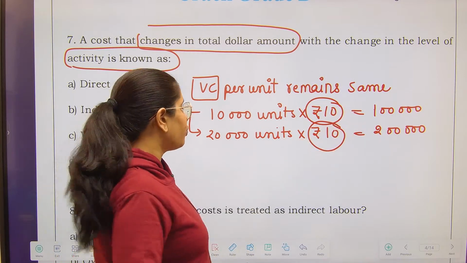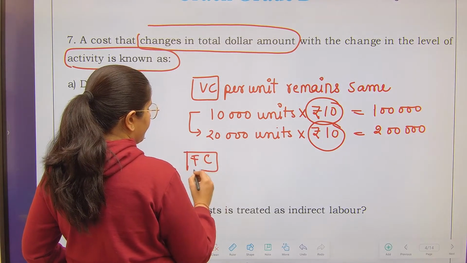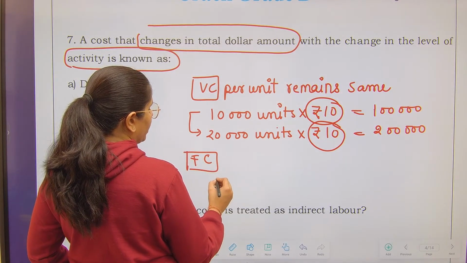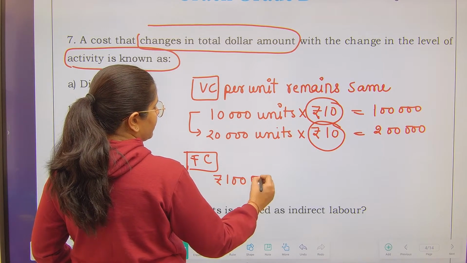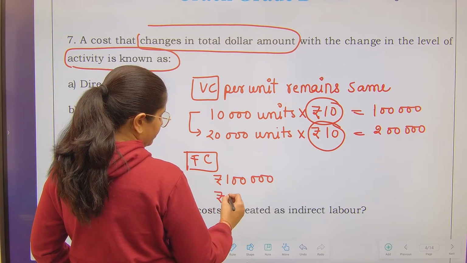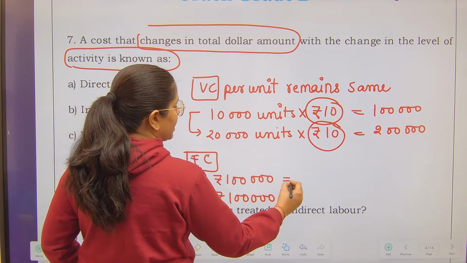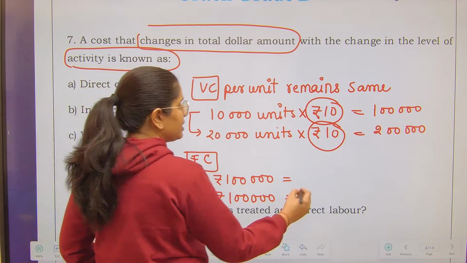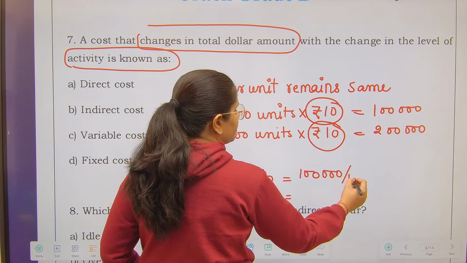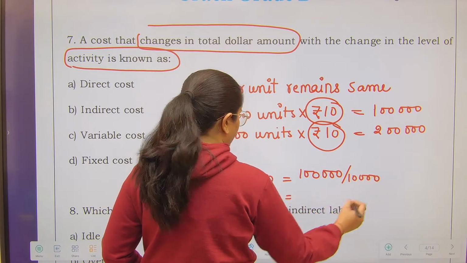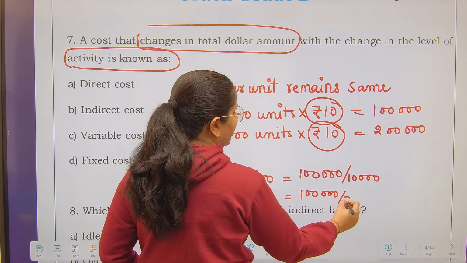And when we talk about fixed cost, your fixed cost remains the same for the total amount. Suppose the total amount of fixed cost is 1 lakh rupees. Now if you increase the volume of production, that is 1 lakh divided by 10,000 or 1 lakh divided by 20,000.